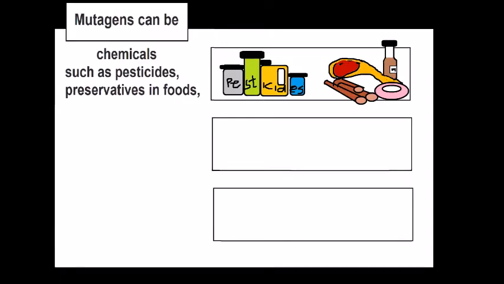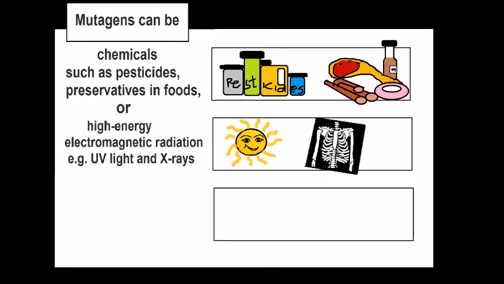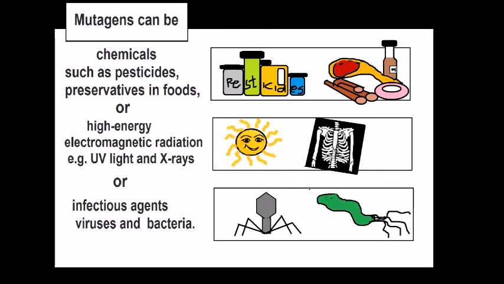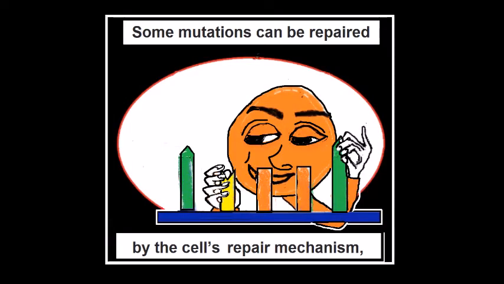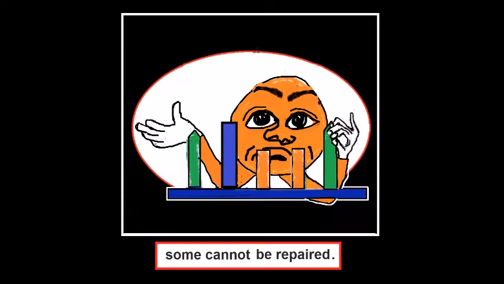Mutagens can be chemicals such as pesticides, preservatives in foods, or they can be high-energy electromagnetic radiation, for example UV light and X-rays, or infectious agents, viruses and bacteria. And we are told that some mutations can be repaired by the cell's repair mechanism. Some cannot be repaired.